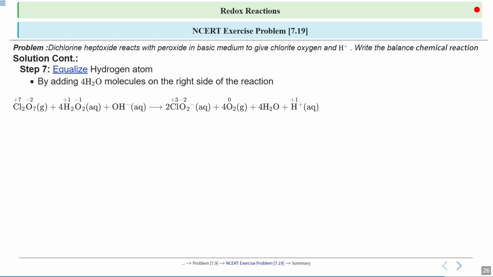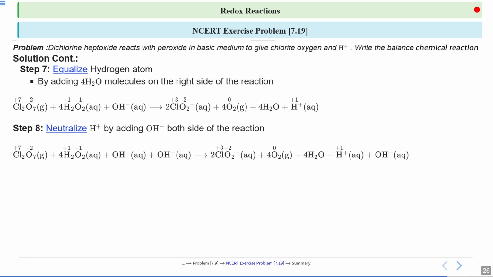Now our final equation turns out to be Cl2O7 + 4H2O2 + OH⁻ gives 2ClO2⁻ + 4O2 + 4H2O + H⁺. So this equation would now be neutralized, or we can say that there is one more step, step 8, that neutralizes the H⁺ by adding OH⁻ to both sides.